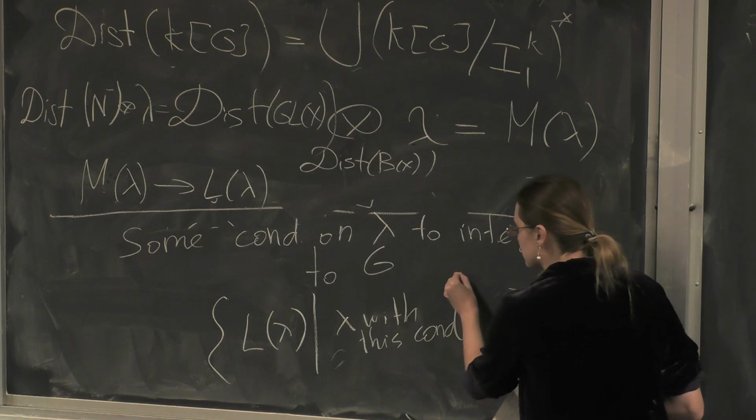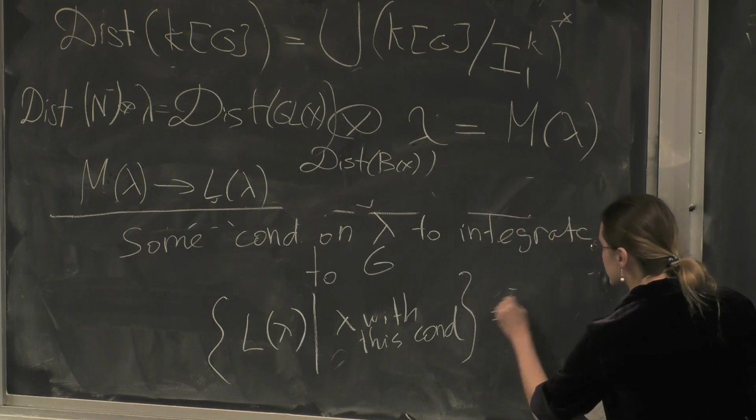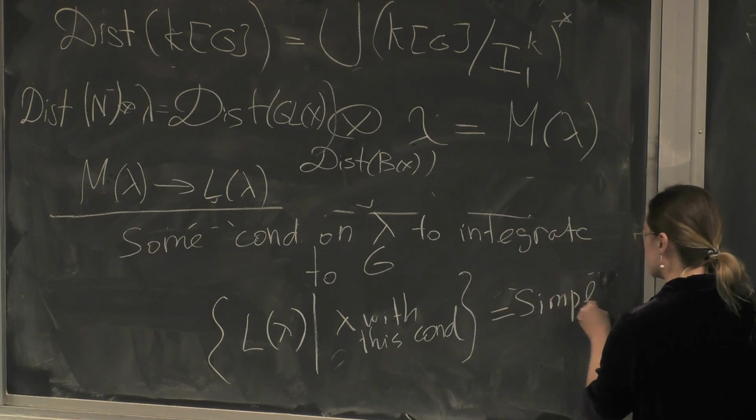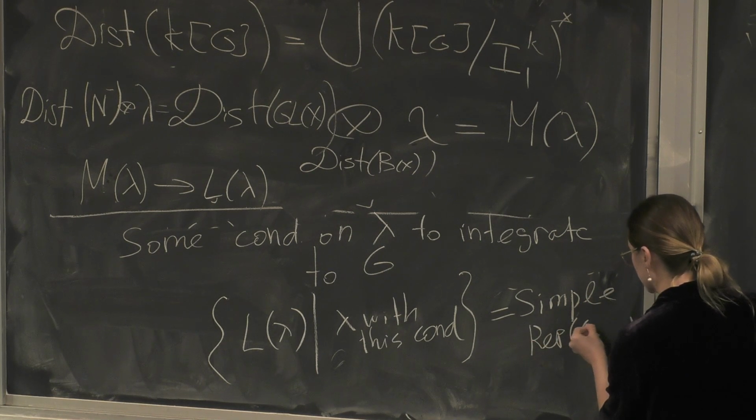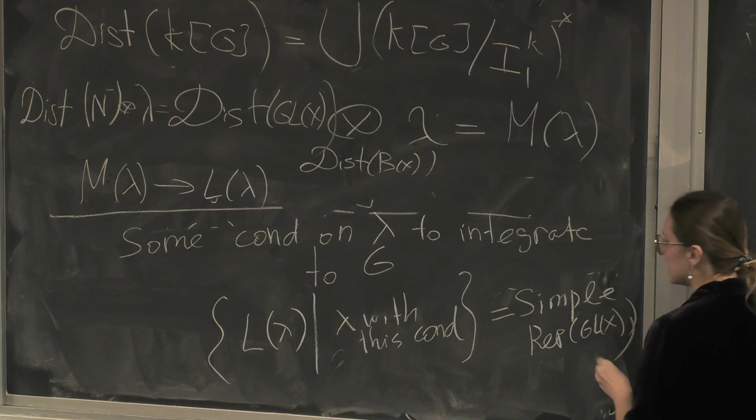So lambdas with this condition give all simple representations of GL of X.